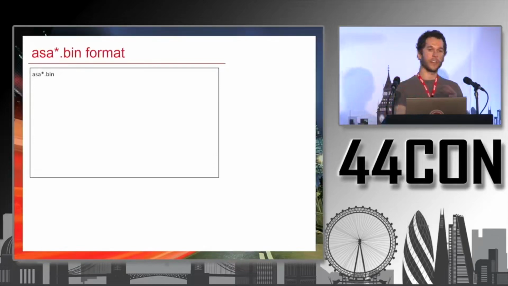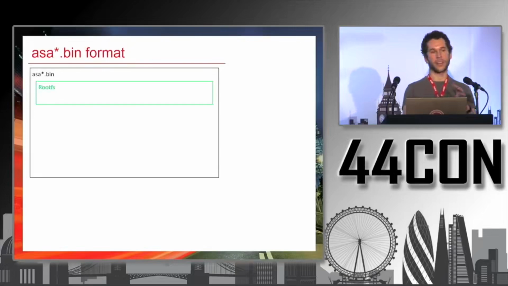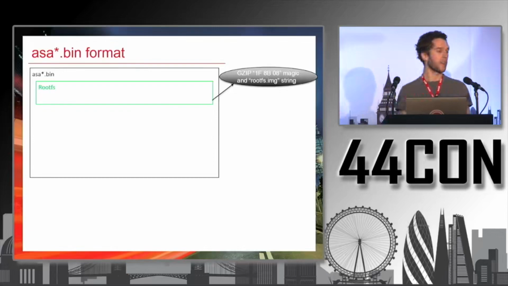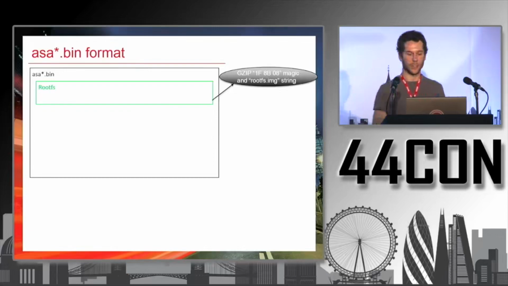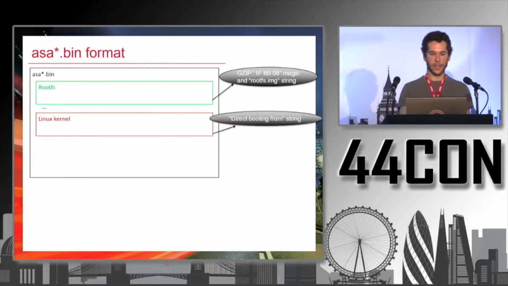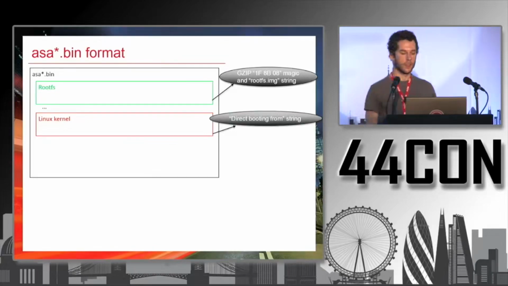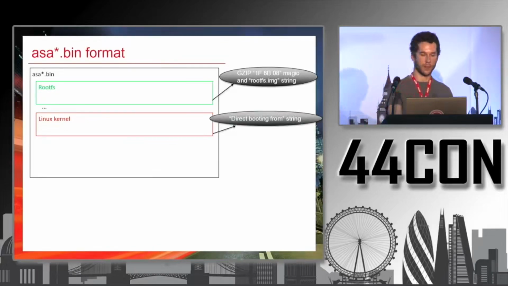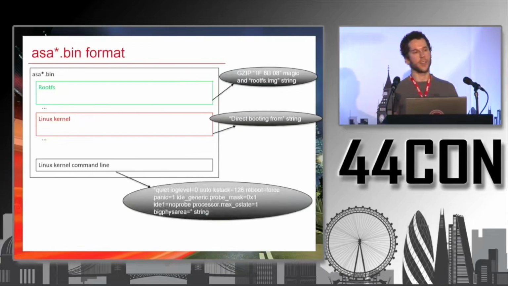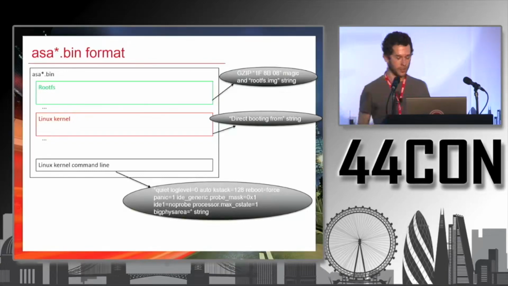If we look further at the actual format, we can figure out that there is a rootfs, because you can find the gzip magic and the rootfs.img string. Then after that you have the Linux kernel, which has a specific string, direct booting from, and a gzip magic as well. And then at the very end, you have the Linux kernel command line, which is a long string that is passed to the kernel to indicate lots of arguments.